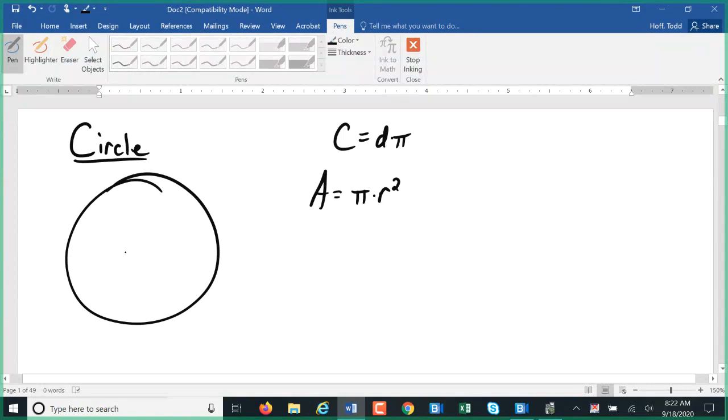let's say we have a circle with a diameter. Well, let's do a diameter of 32 inches. That's the diameter. So the radius is half the diameter.